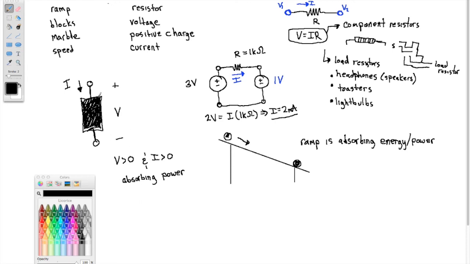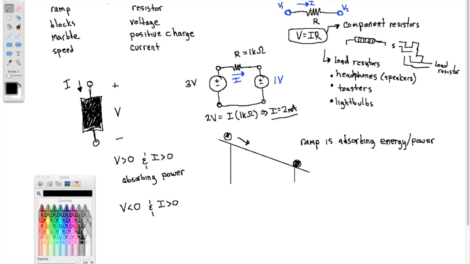Now let's say we measured the voltage across there and we actually got something negative. But the current was still positive. Okay, if we measure a negative voltage from here, top, to here, bottom, then that actually means that the bottom is the higher potential. And if current is still positive, then current is still going from top to bottom.